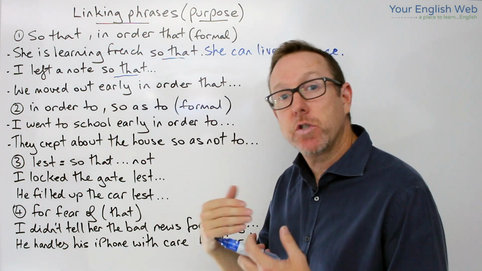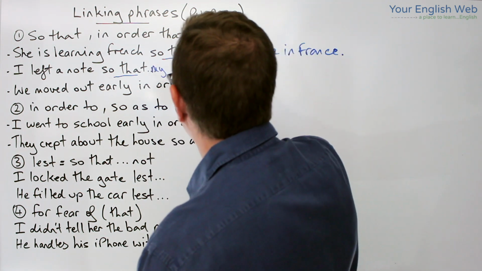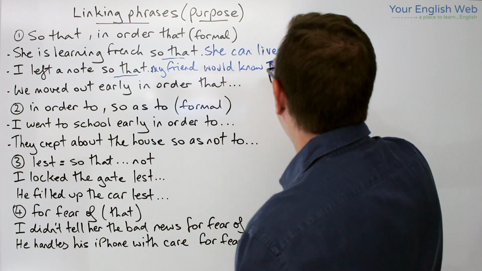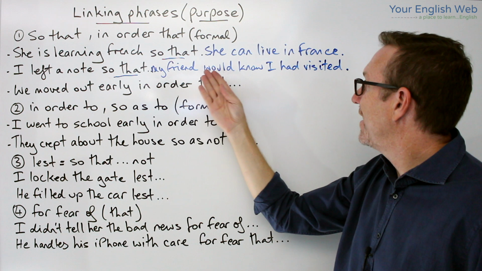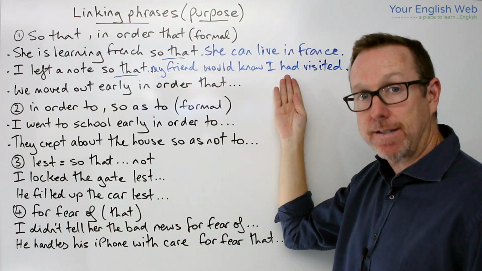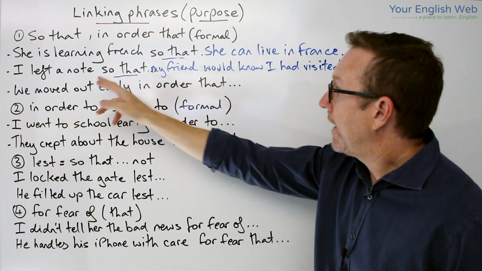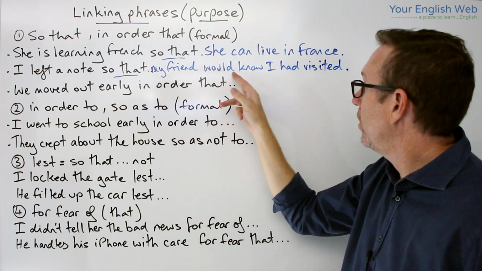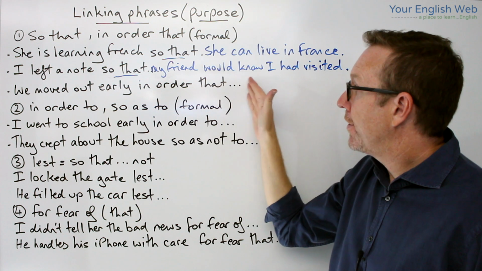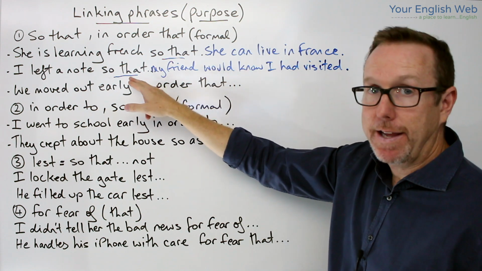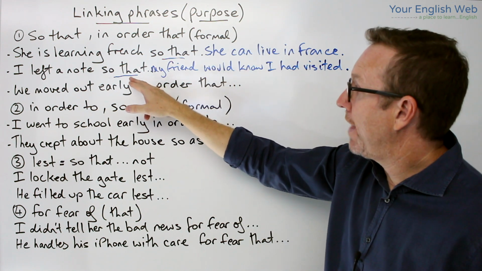I left the note so that my friend would know I had visited, okay? I left the note so that my friend would know I had visited. So we have the main clause, the subordinate clause after the linking phrase. In this sense, so that.